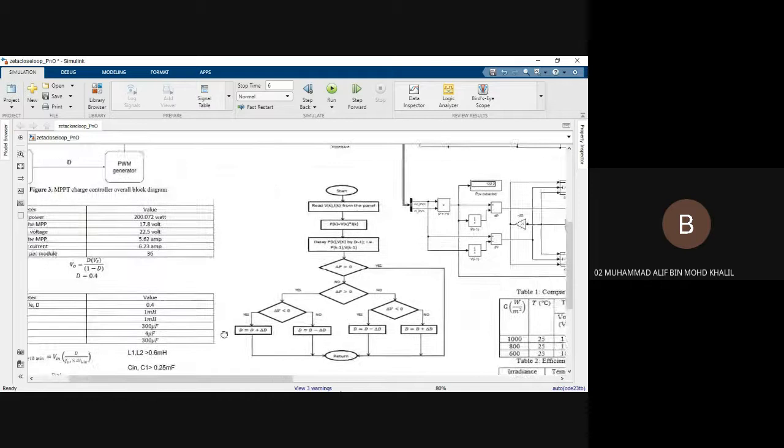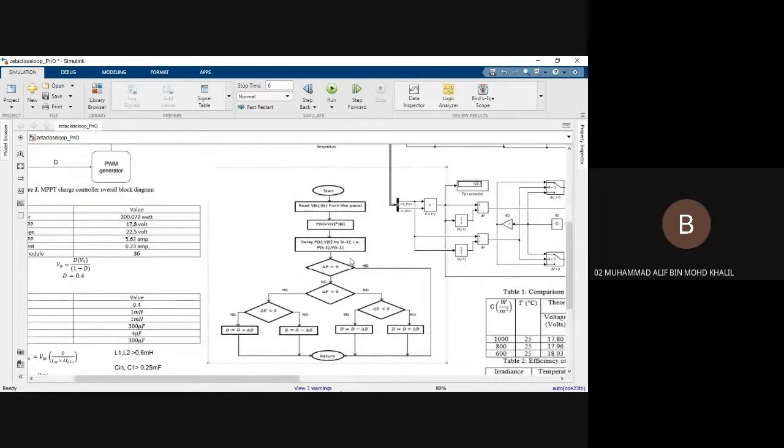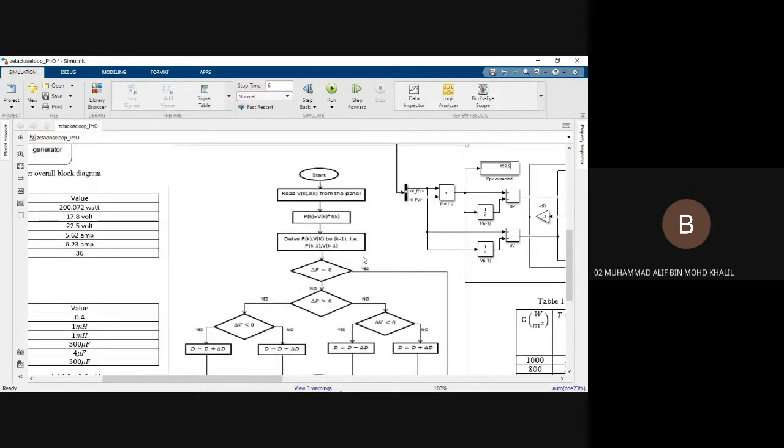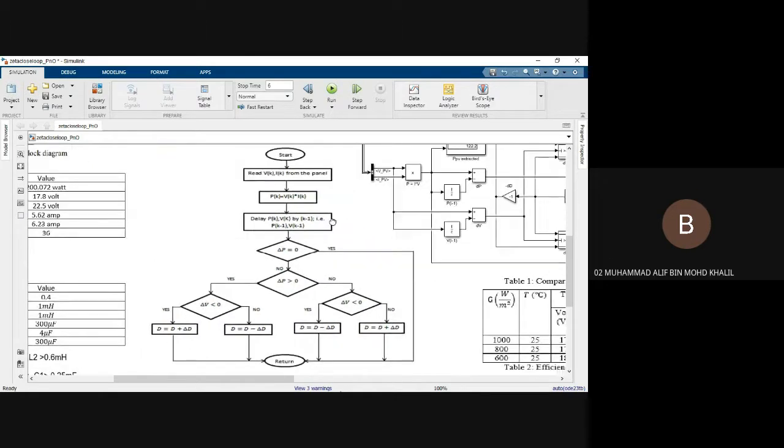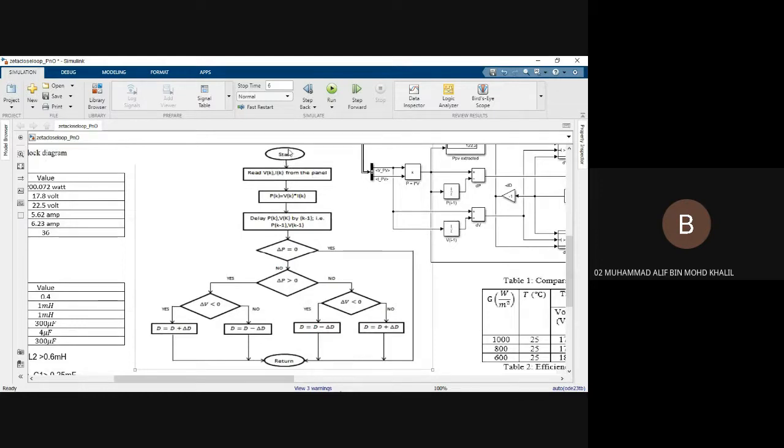Next, we're gonna see the flowchart for the P&O algorithm. The MPPT algorithm I use is the P&O, which stands for perturb and observe algorithm. It will start, and then it will read the voltage and the current from the panel.